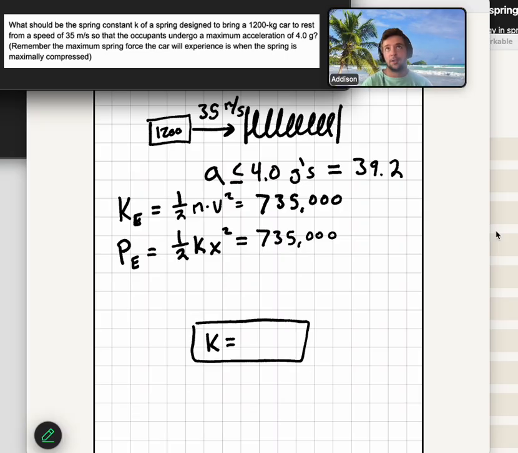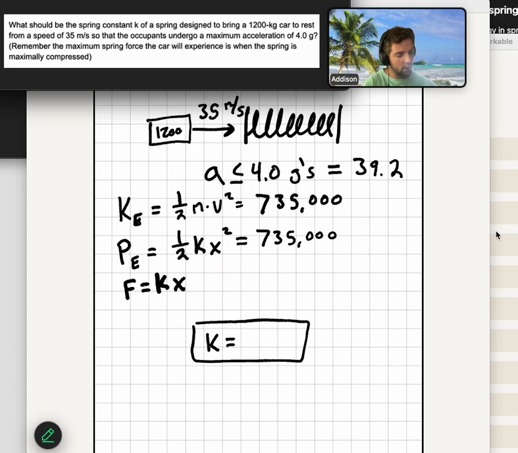Well, clearly to figure out k, we need to figure out x. Now, how are we going to figure out x? Well, we have to connect this to the unused piece of information, the acceleration. So how does x connect to the acceleration? Well, the force that the spring exerts is kx.